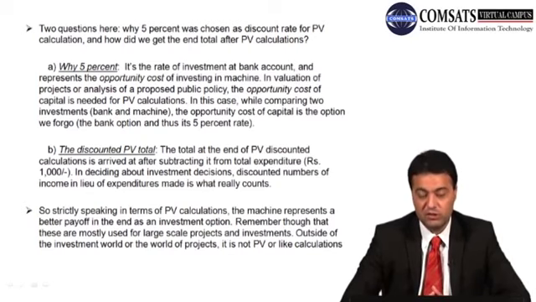In valuation of projects or analysis of a proposed public policy, the opportunity cost of capital is needed for present value calculations. In this case, while comparing two investments, bank and machine, the opportunity cost of capital is the option we forego, the bank option, and thus it is 5%.